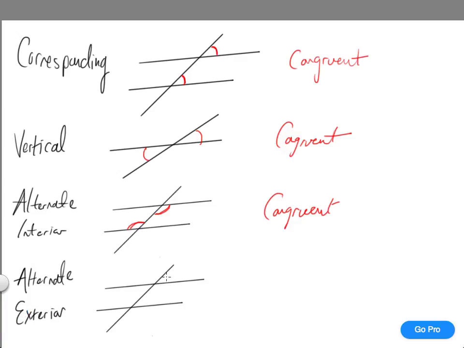They're on the outside and on alternate sides of the transversal. And what are those? Congruent.